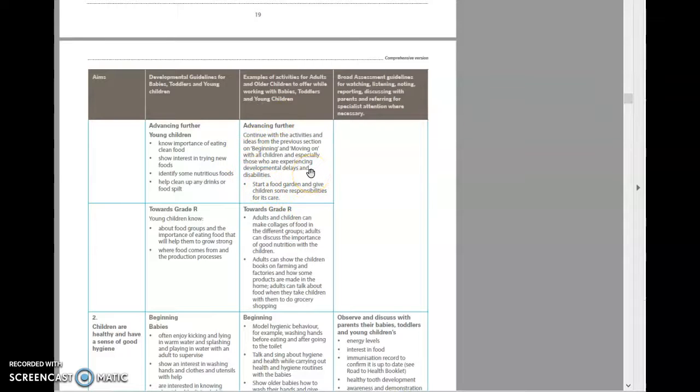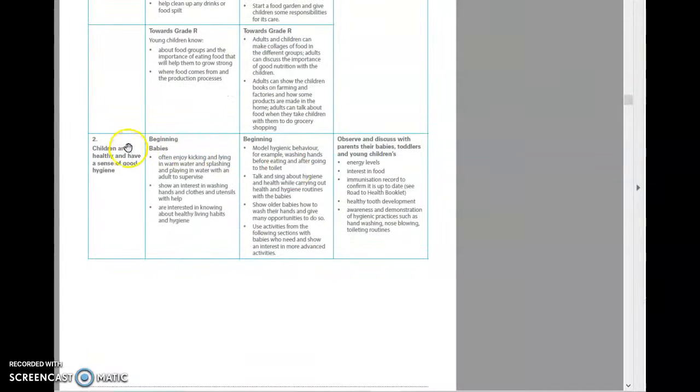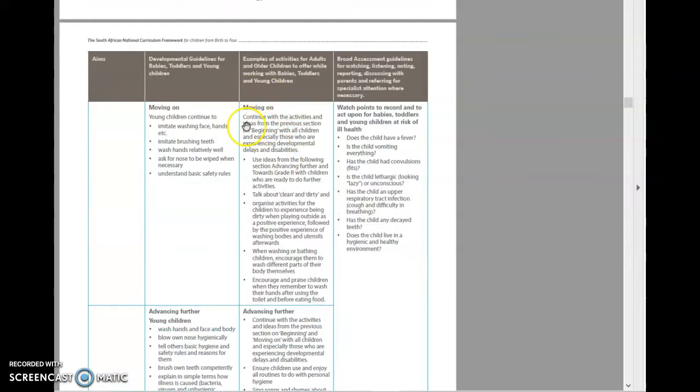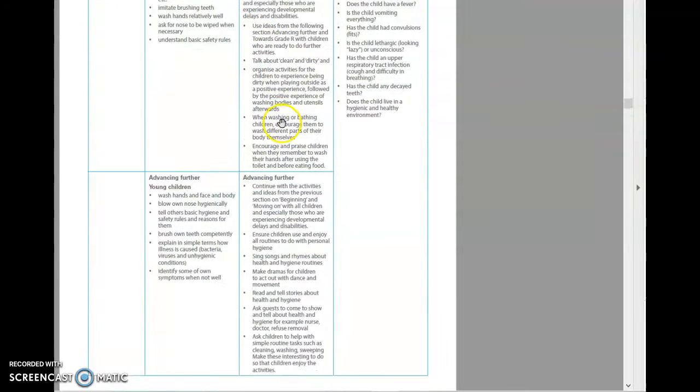So if we look at the next aim, children are healthy and have a sense of good hygiene. They give you activity ideas, things to do for babies, beginning. Those are the babies. Ideas for moving on, those are the toddlers.